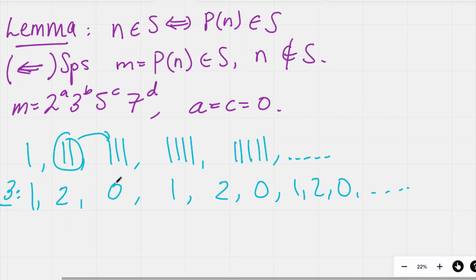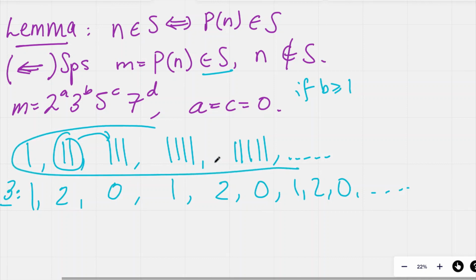This tells me that if b is at least 1, then m is a multiple of 3. But if m is a multiple of 3, remember m is in my set S, so it's one of these numbers on this list, and therefore for it to be a multiple of 3, it must be 0 modulo 3.